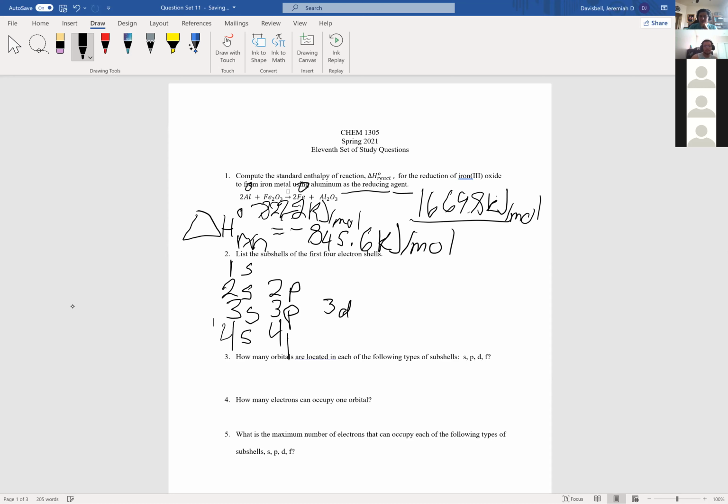So just like with the d subshell, for the f subshell you also subtract, but for them you'll subtract 2. They're on the 6th and the 7th row, but the way that we'll actually see it is that they're on the 4th and the 5th row. Any questions on these subshells?